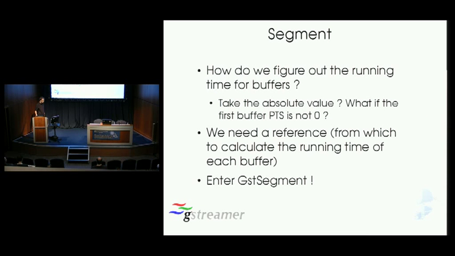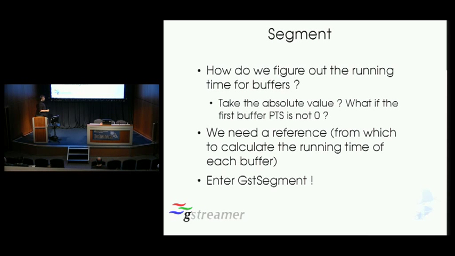How are we going to use that to do our synchronization, to decide what is the clock time at which I'm going to display that buffer? We could just go, well, our buffers start with 0 and then 1 30th of a second, 2 30ths of a second, and so forth. We could just use that: for buffer timestamp 0, you synchronize it at running time 0. That could work.